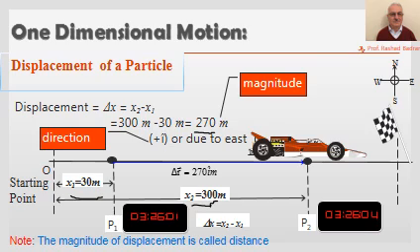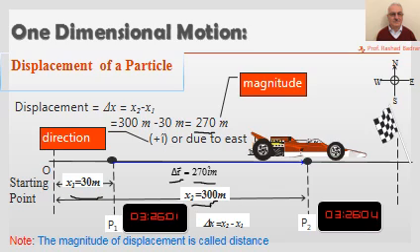As long as the car is directed towards the east in its initial motion and final motion, the final result, which represents the displacement as a vector here, is equal to its magnitude, which is 270 meters, directed towards the east, as i hat refers to the east when it is positive.